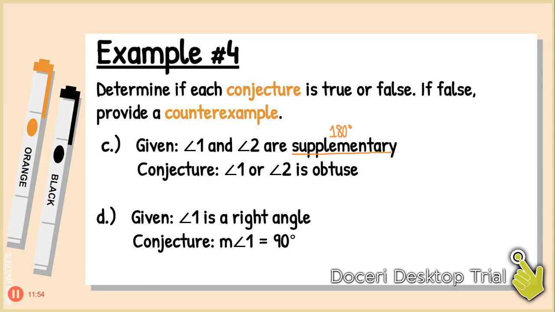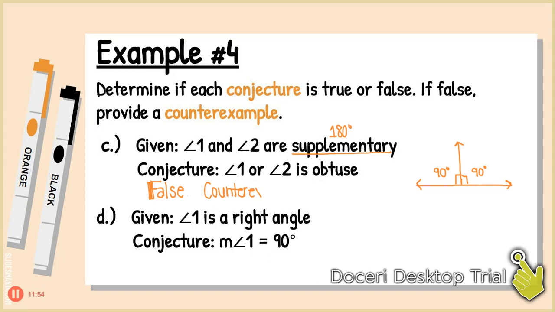However, I could also have two 90-degree angles, and we know that 90 degrees plus 90 degrees will give me my 180, so those two would be supplementary, but neither one of those is obtuse. So this example, the conjecture is false, and my counterexample would be that both angles could be 90 degrees.